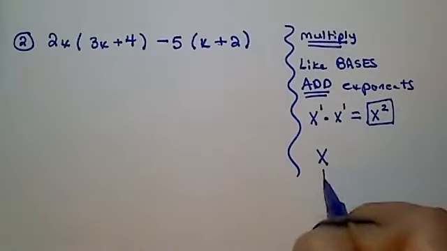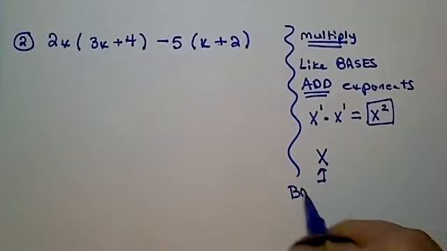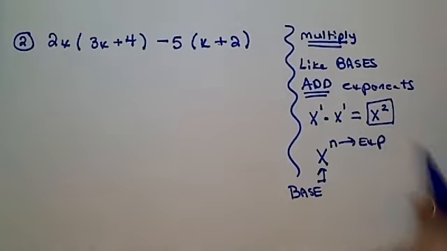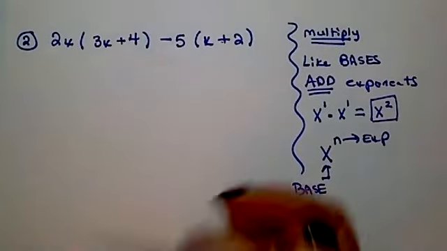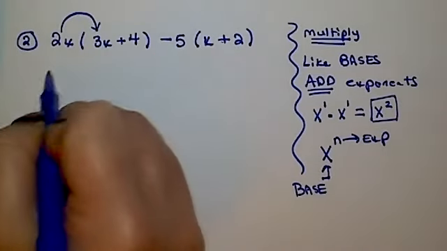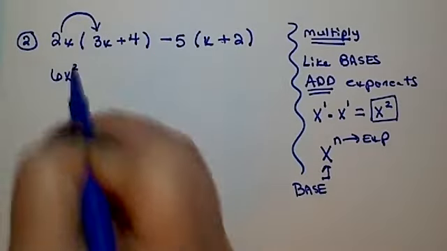The base is the bottom. The exponent is the small number at the top. If there's not an exponent, there's an understood 1. So 2x times 3x would be 6x squared.